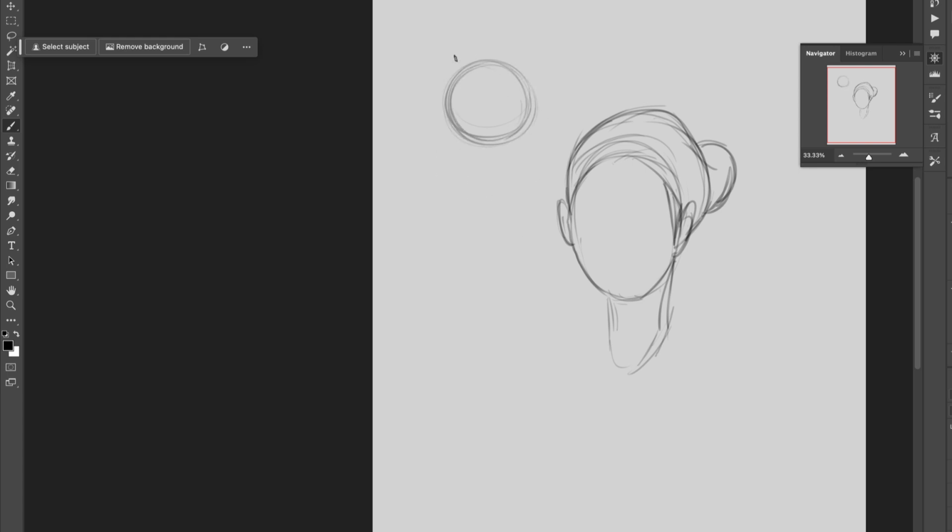If this is a ball, and light is coming down here like this, of course this is very, very simple, but essentially this is what we're going to have: our light coming down here like that.